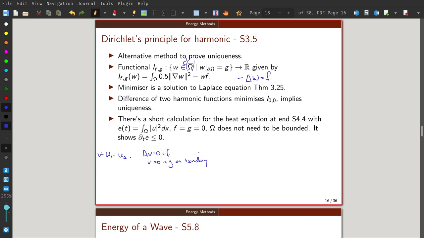So if there are two solutions, their difference is a minimizer of the I00 energy functional, I think you could call it, and it has 0 as a minimum.